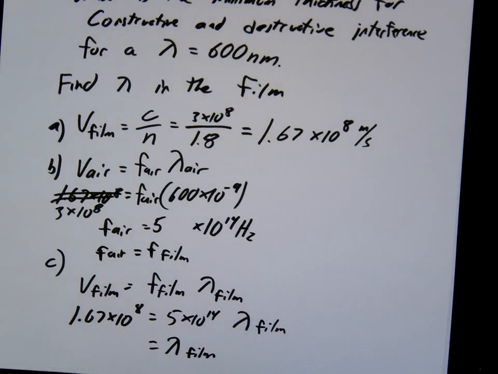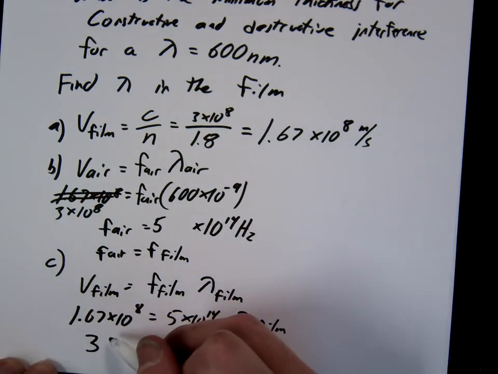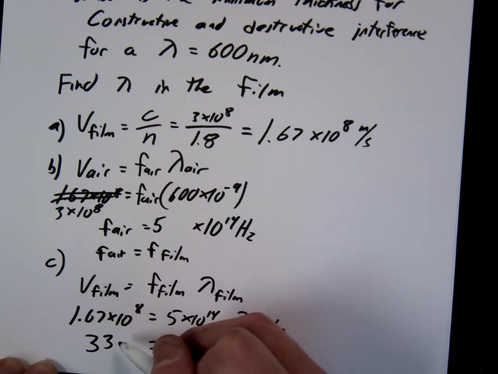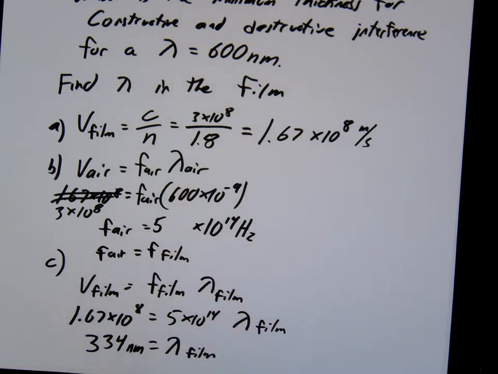What do you get for lambda film? 300 something? 334 nano. You could also write 3.34 times 10 to the negative 7 meters.